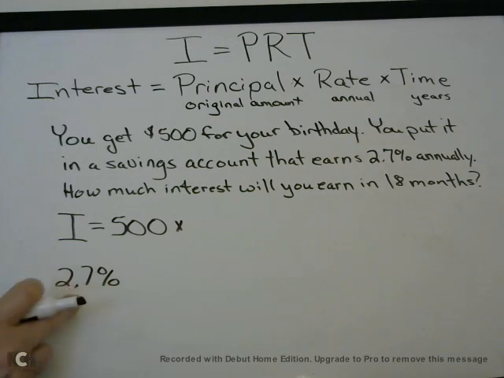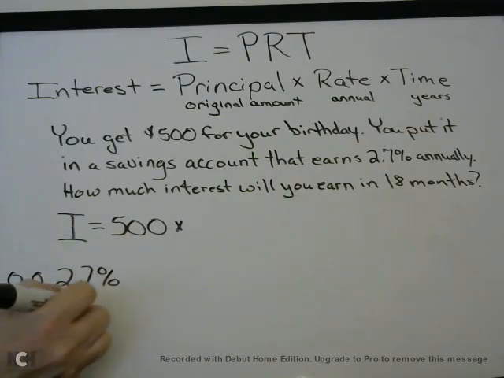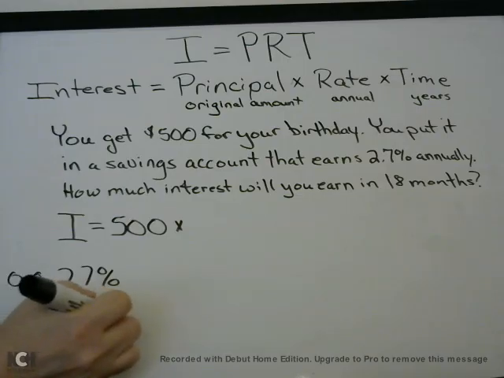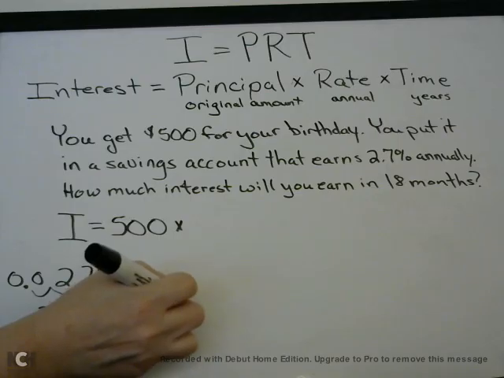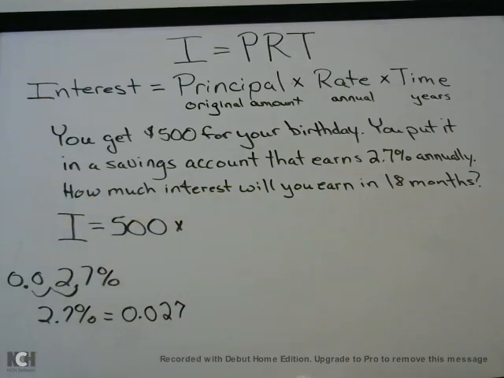But essentially, all you do to change this into a decimal is you take the decimal point and you move it to the left 2 places. And so we add a 0 here and a 0 here. So 2.7% can be written as 0.027. That's the decimal number that we can multiply. Again, if you don't know how to do this, please watch the video on percents.